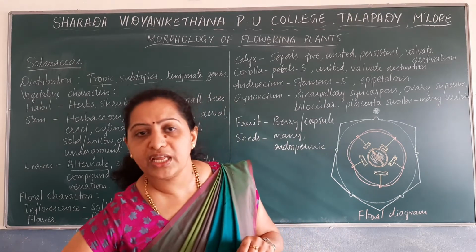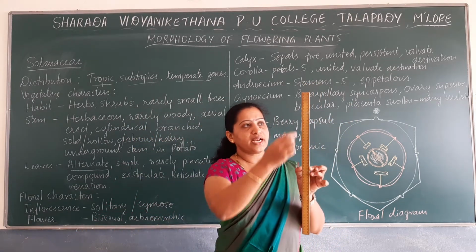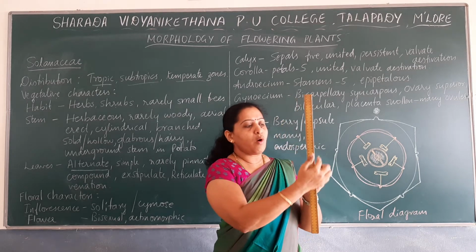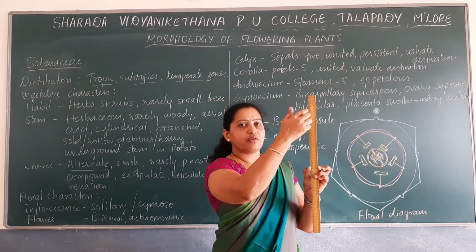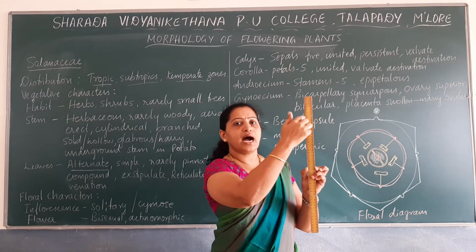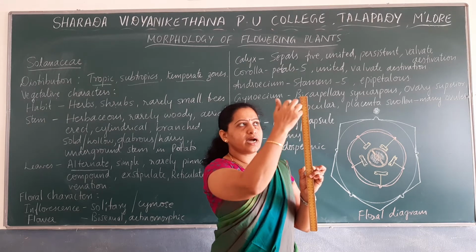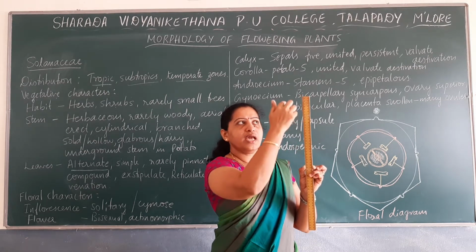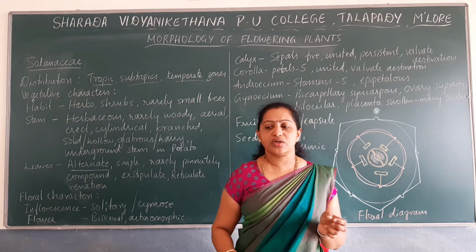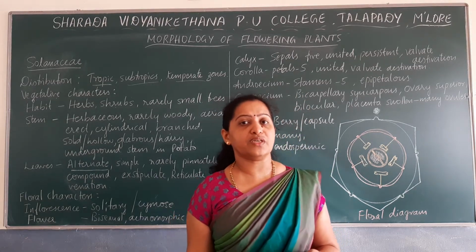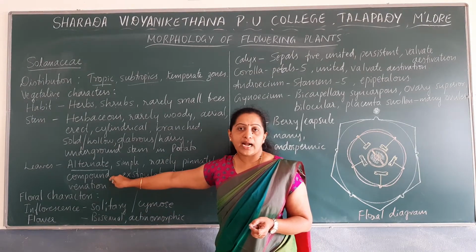For example, if this is a stem, this is the nodal region and this is the next nodal region, one leaf is found in one node, the next leaf is found in the next node but in the alternate position. In maths you have studied the alternate angle. The same way, in the alternate angle there will be leaves. Such a type of arrangement of leaf is known as alternate phyllotaxy or alternate arrangement of leaves.